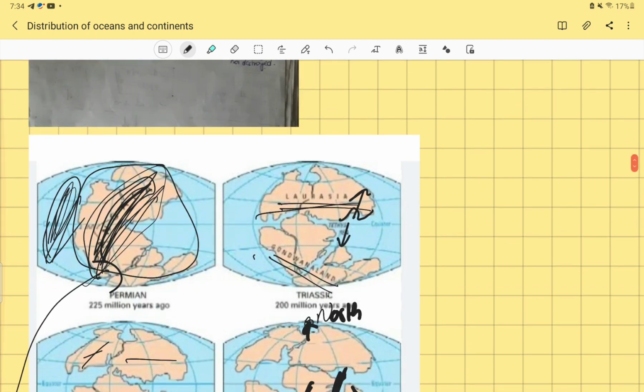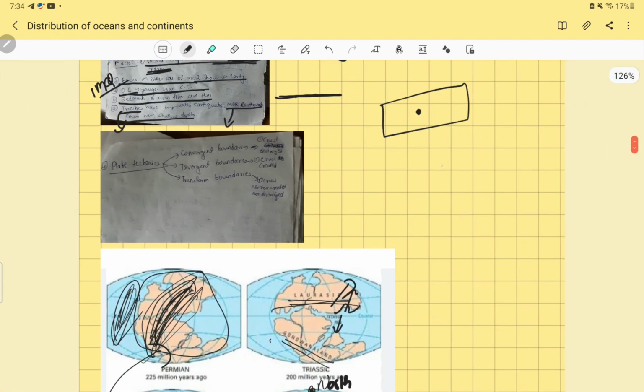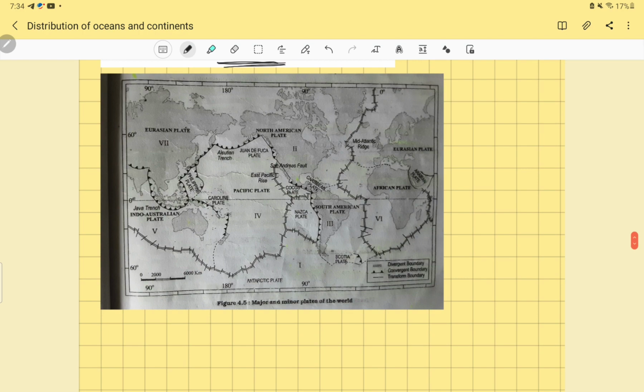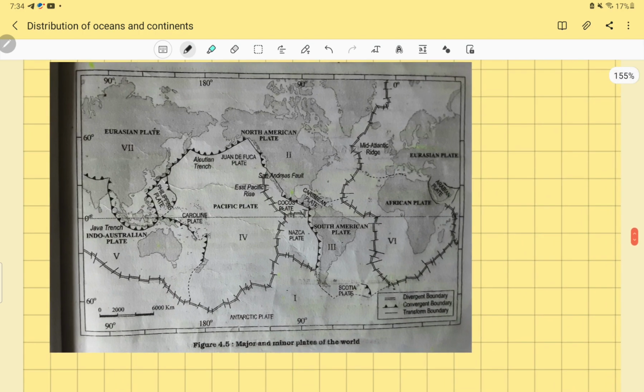So see here, Wegener said that these continents are moving apart. But plate tectonics says our earth is made up of plates. Here you can see in the image, it's given even in an NCERT book. There are plates, like the Eurasian plate, this whole thing is the Eurasian plate.